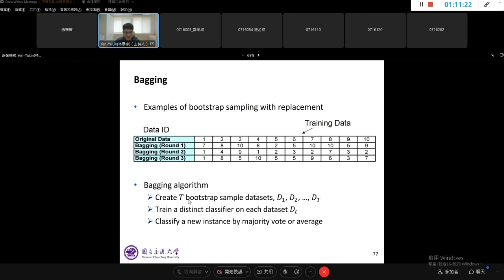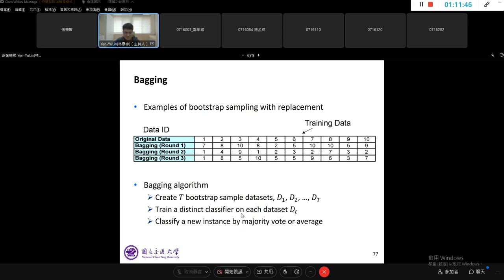If we want to combine decision trees, we use this process. We run this process capital T times, such that we will have D1, D2 to D capital T. So we have capital T different data sets.